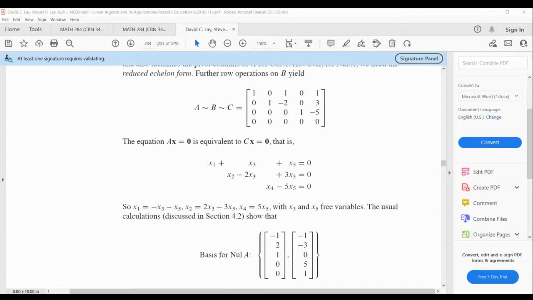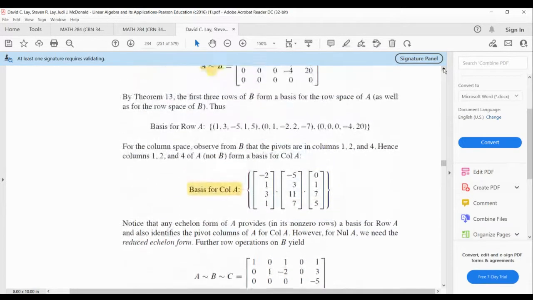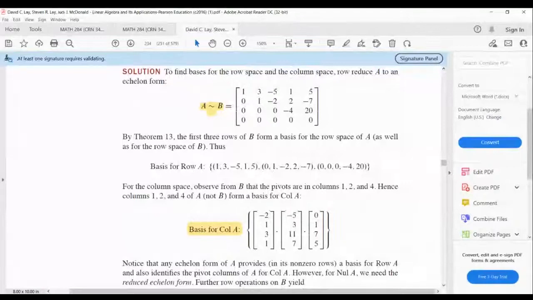How many vectors are in a basis for the column space of A? Well, if we go up here, it looks like there were 3 vectors in the basis for the column space of A.